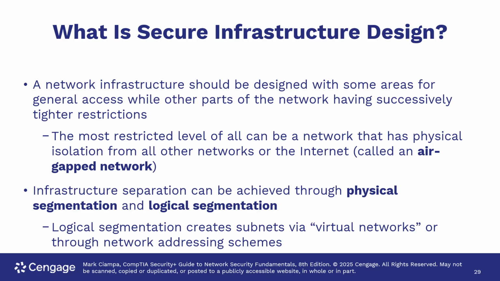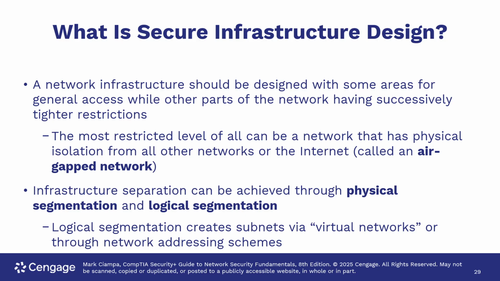You're not looking behind the scenes. For you to actually go to the next level, each of those takes a higher level of restrictions. The most restricted level of all, a network that has physical isolation from all other networks or the internet, is called an air-gapped network.